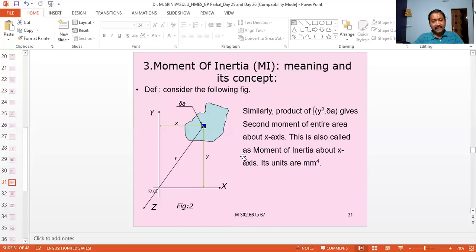The integration of the second moment of the elementary area is called the total moment of area, and that is the moment of inertia of that area about the y-axis.